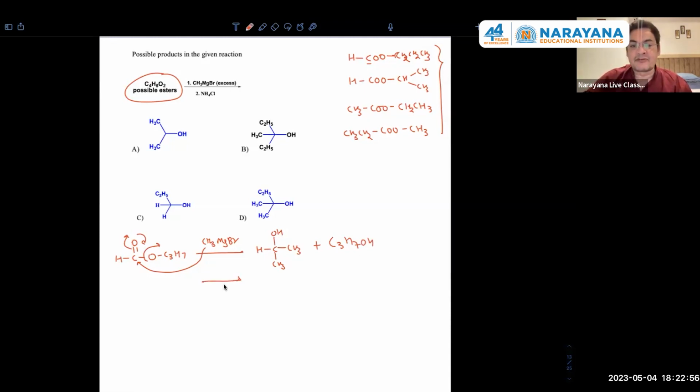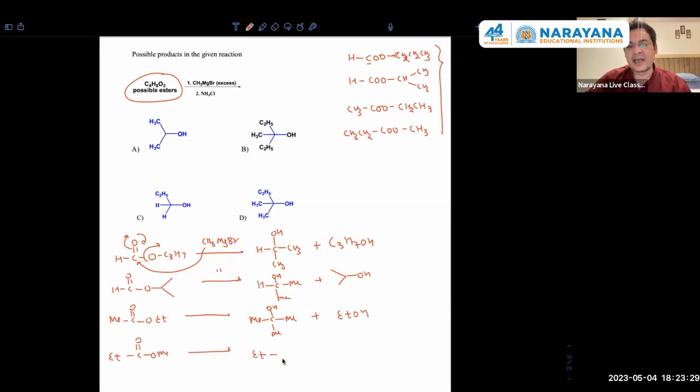In the second case, where we have isopropyl, I do the same thing: first I get this OH and 2-methyl here, and here I get isopropyl alcohol. If one side methyl, other side ethyl, I do the same thing: I get Me2COH with 2 times Grignard methyl attack along with ethanol. And the last one is ethyl, and here we have methyl excess attack, ethyl, and 2 times Grignard attack becomes OH, and outside we are getting methanol.